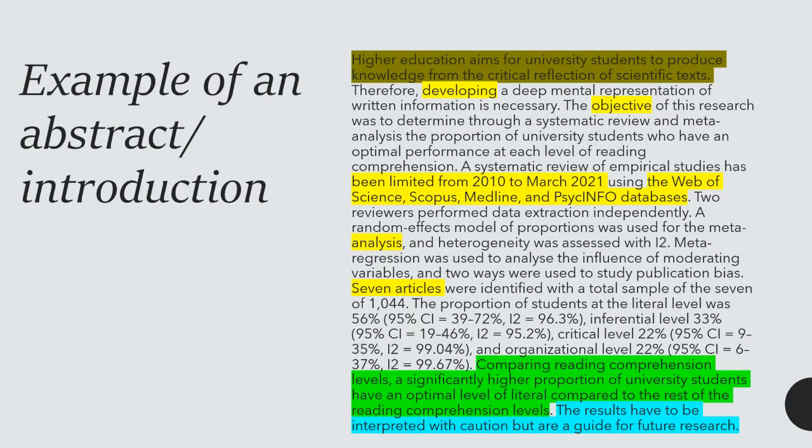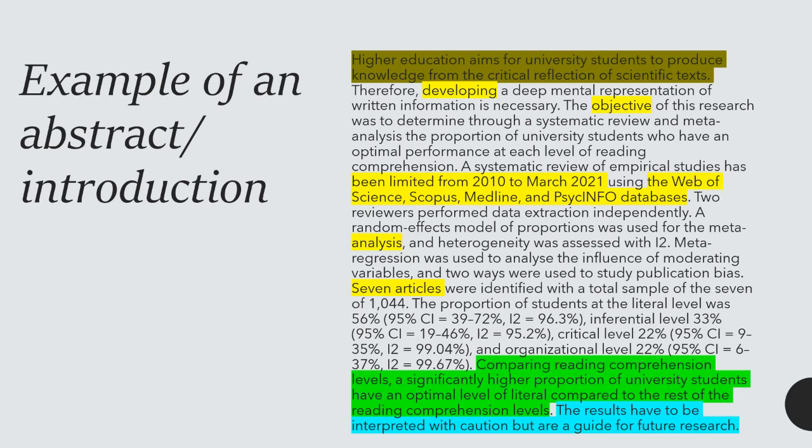So I wanted to show you just an example of an abstract introduction. And then you might see what they start with, where they start telling the reader. So they make a statement.